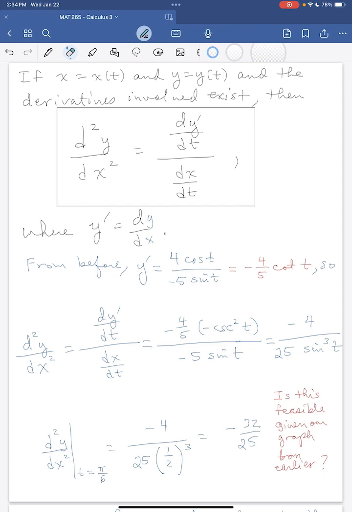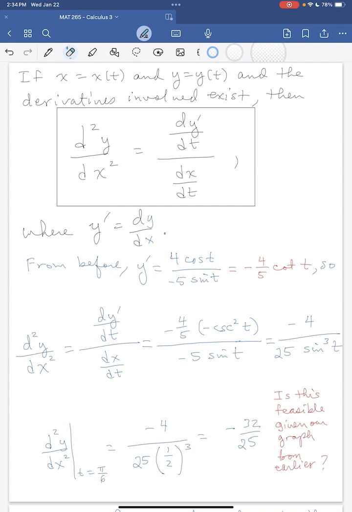And then the denominator is the same as we had when we calculated the first derivative with respect to x, because it's, again, dx dt in the denominator. And so we do a little trig there, a little simplification, and you get -4 divided by 25 times sine cubed of t.